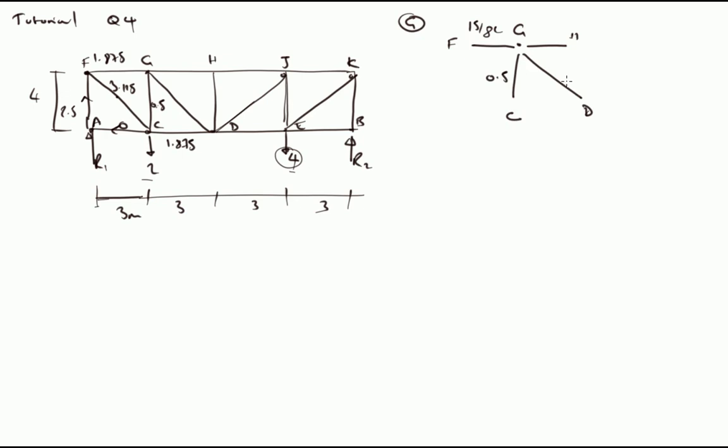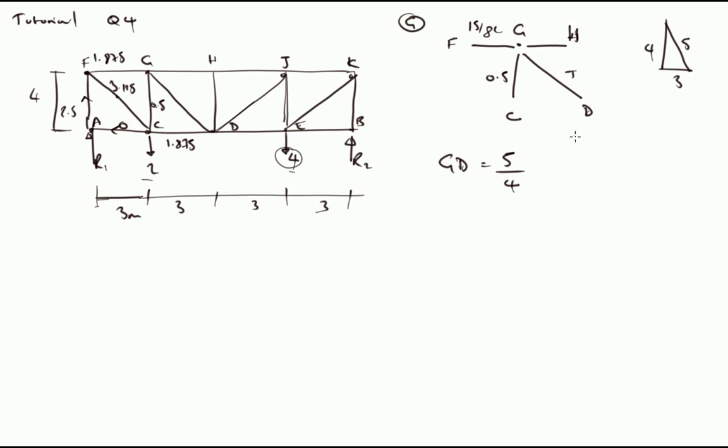FG is in compression, so we will calculate GH and GD. So GD is going to be in tension. So GD is equal to, again, the ratio of 5/4. If you remember our 3, 4, 5 triangle, this is 4, this is 3, so this is 5.